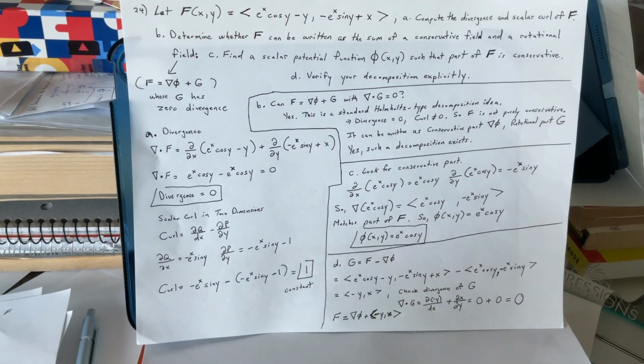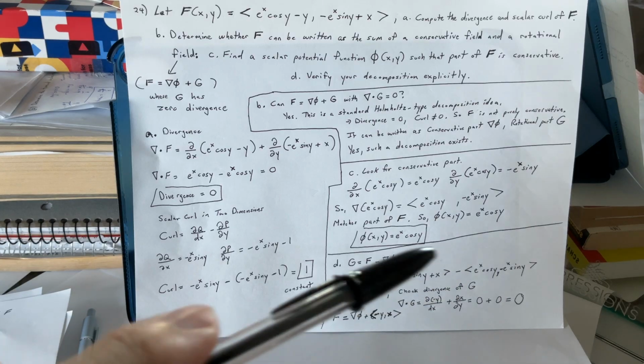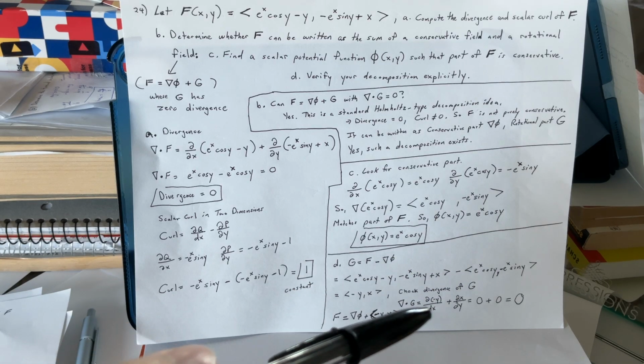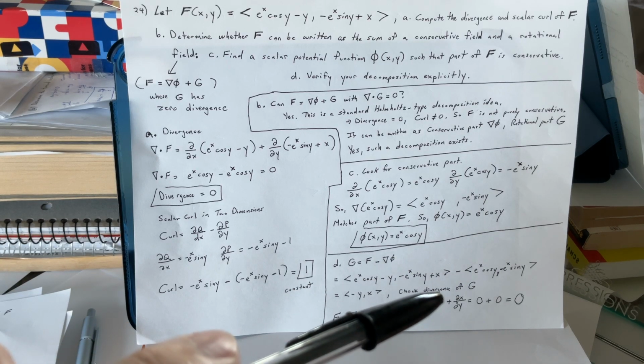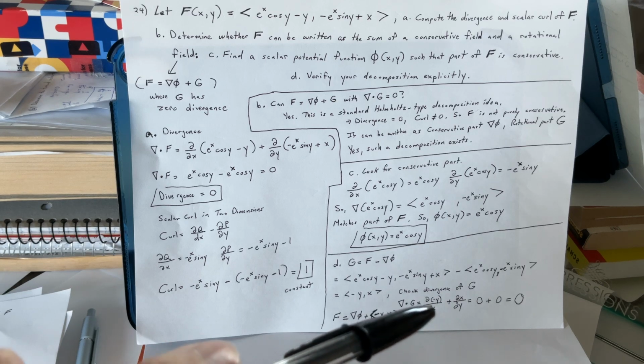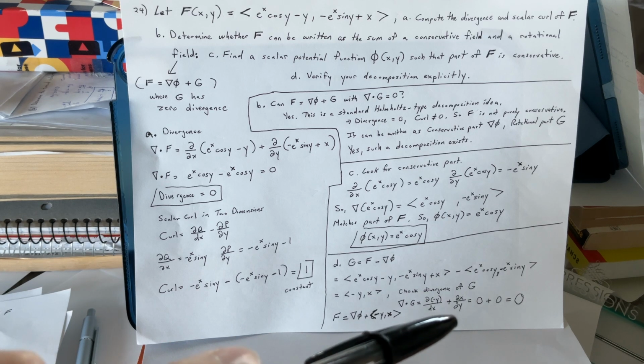If we're going to verify our decomposition further, check the divergence of G. To do that, we take the del operator, dot it with G. Taking the del operator, dotting it with G, we get the partial d/dx of negative y plus d/dy of x. And in those situations, we get 0 plus 0, we get a 0.